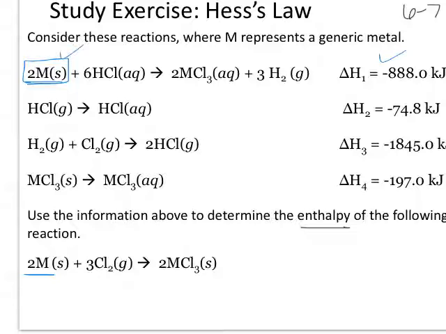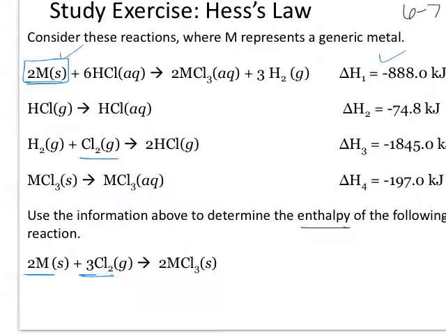Okay, the next thing I'm going to do is go to this 3Cl2 gas term and look for it. I see a Cl2 gas term, and is it on the correct side of the reaction arrow? Yes, it's on the reactant side, so I don't have to flip the reaction. That's good. However, it needs a 3.